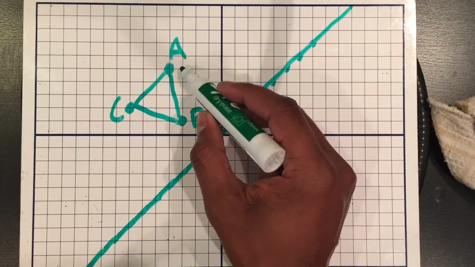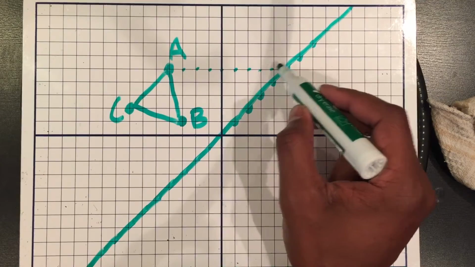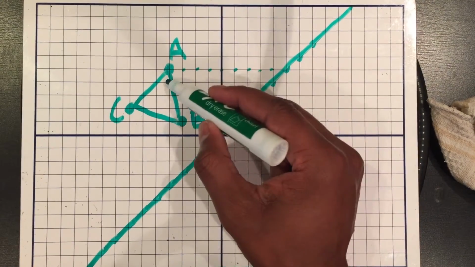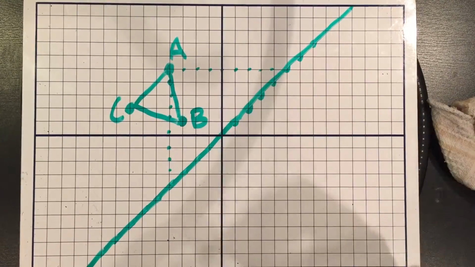So if we look at A, it is 1, 2, 3, 4, 5, 6, 7, 8, 9 from that line in this direction. And it's also 1, 2, 3, 4, 5, 6, 7, 8, 9 in that direction.